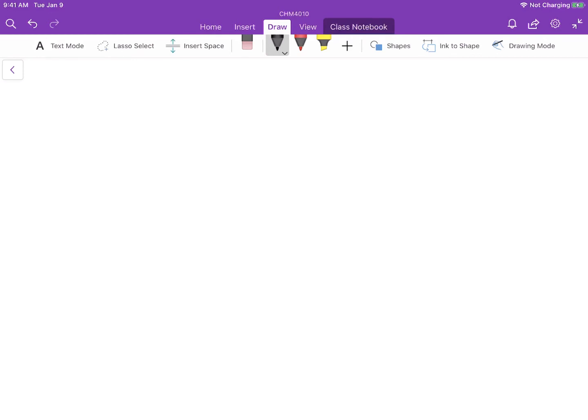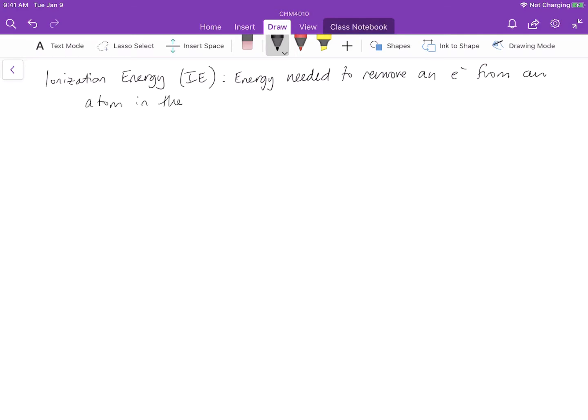Okay, so now we'll continue and look at some more periodic trends. If we look at ionization energy, this is given the abbreviation IE. This refers to the energy needed to remove an electron from an atom in the gas phase.